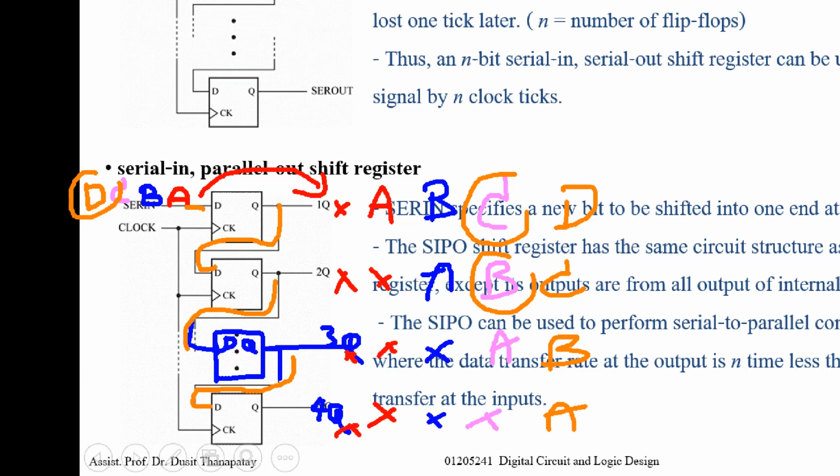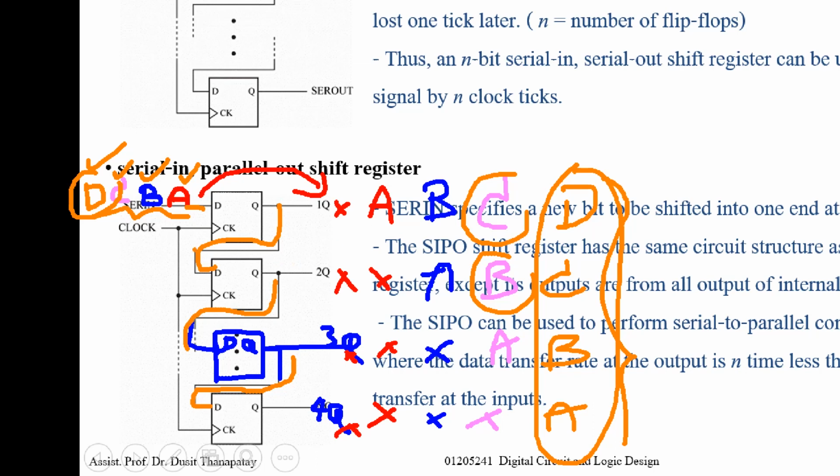So note that if you use parallel out, your input is applied at serial in 1, 2, 3, 4. You must wait for 4 clock ticks, and then you can use the 4-bit output at the same time.